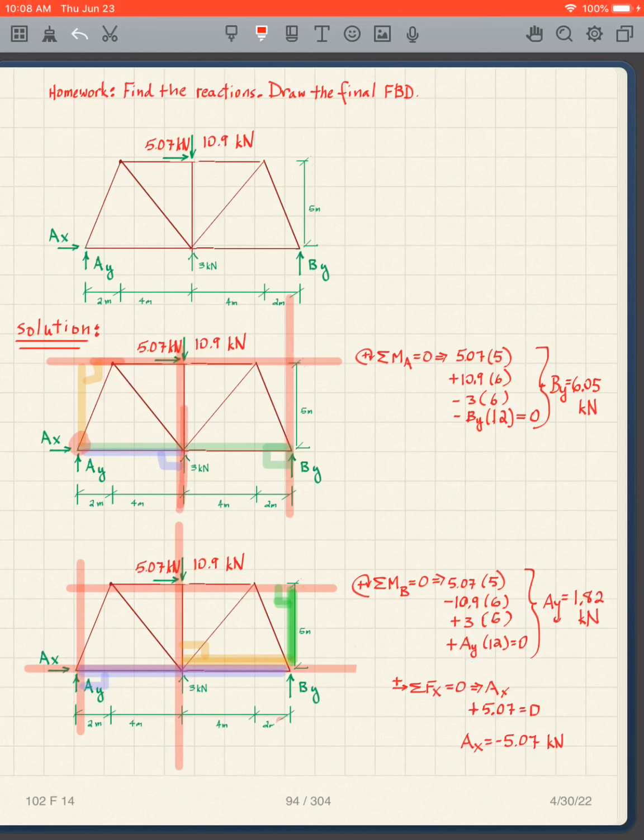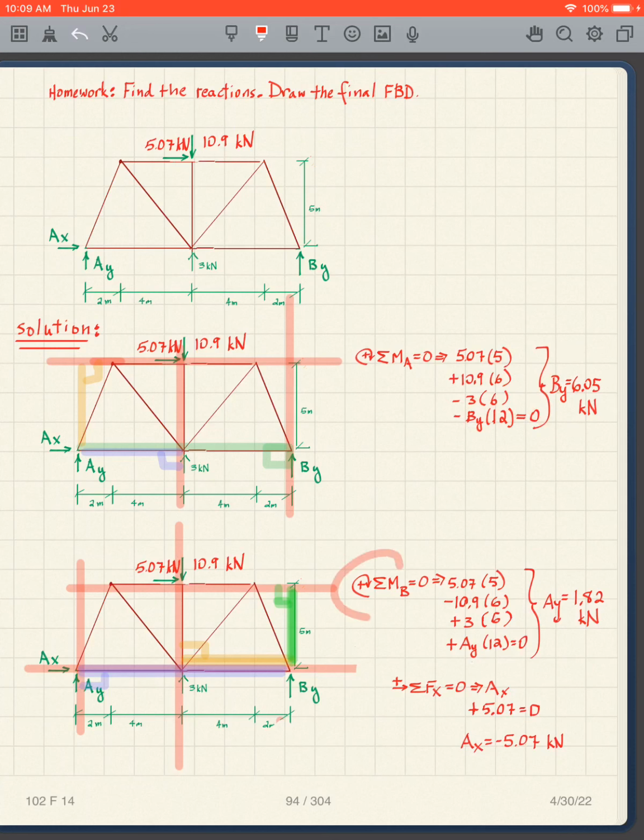The 3 goes counterclockwise, so it's negative. The BY goes counterclockwise, so it's negative. Solve that, we get BY is 6.05 kilonewtons.